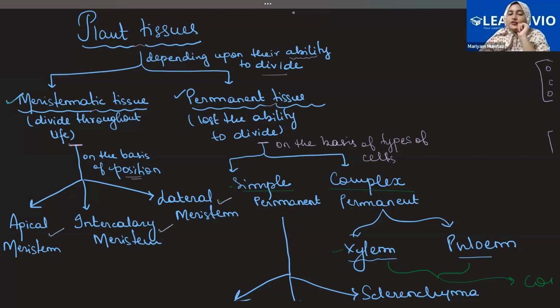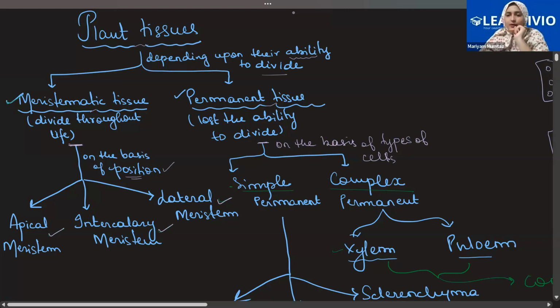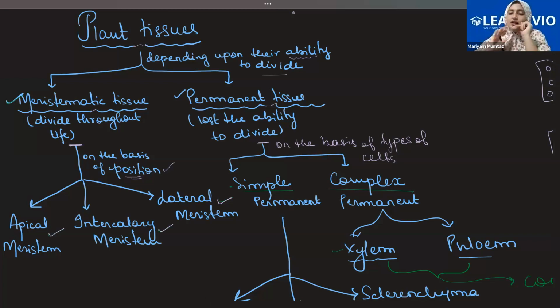On the basis of position, the meristematic tissue is of three types: apical meristem, intercalary meristem, and lateral meristem. What is the basis here? Position, right? You understand the meaning of position, like whether it is on top, bottom, left, or right. Now, the permanent tissue has been divided into two types on the basis of what kind of cells are present in it.